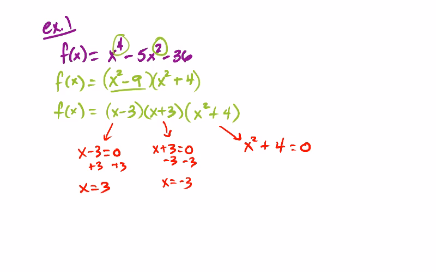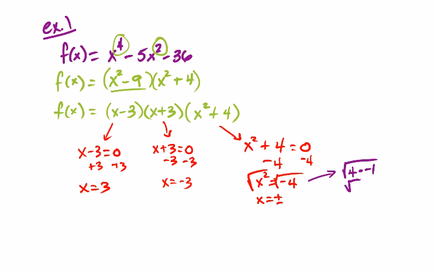And now this is where we have to do a little bit of work. Subtract 4, and so we'd have x squared equals negative 4. Square root both, and so we'd have x equals plus or minus, and you may be thinking we can't square root a negative, but we can. We just have to use i, the imaginary number, which stands for the square root of negative 1. Just as a quick review, a simple way to simplify this is to break it up. Think of it as the square root of the number times negative 1.